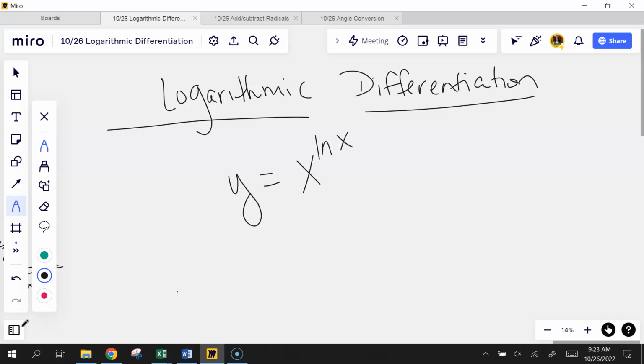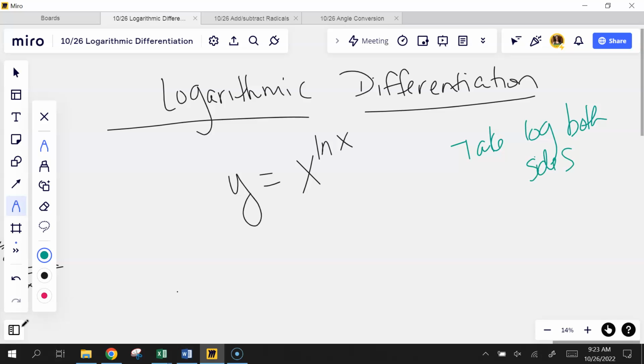Okay, what if I had to find the derivative here? I'm in a bit of a pinch, right? I can't do power rule here necessarily because what am I going to do? That's not a constant really for the derivative grows, right? So what I can do is called logarithmic differentiation. Essentially I take the log of both sides. It can be log, it can be ln.